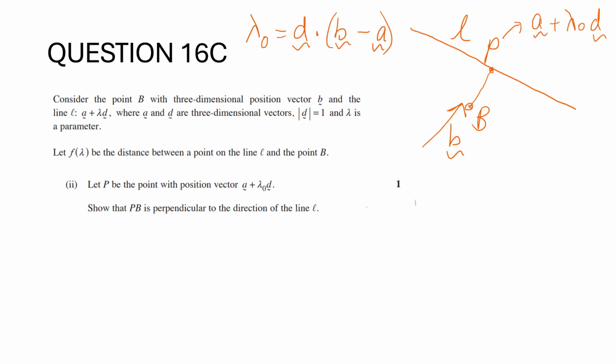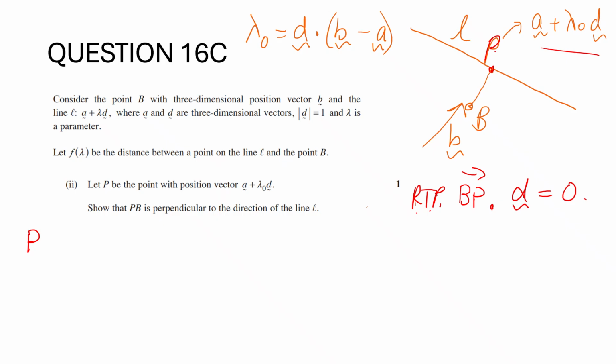Part 2: let P be the point with position vector A plus lambda naught D and show that PB is perpendicular to the direction of the line L. So here is P, and it has vector A plus lambda naught D. So we want to prove that BP dot the direction vector of line L would equal 0.